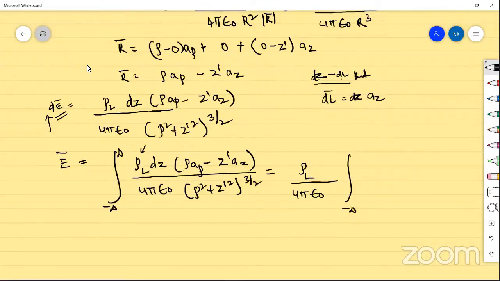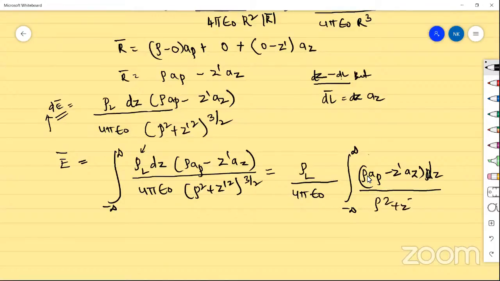So I can write it as the integral from minus infinity to infinity of, sorry, rho a rho minus z dash a z into dz by rho square plus z dash square whole power 3 by 2.